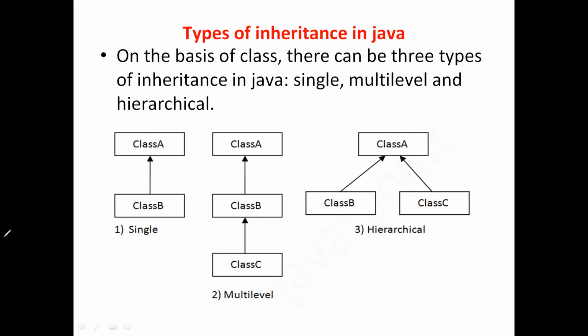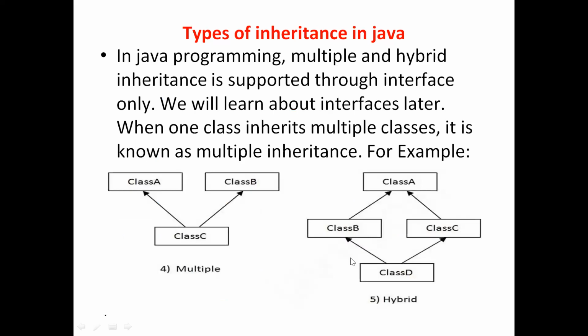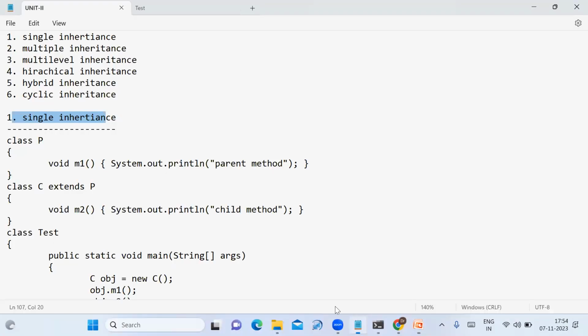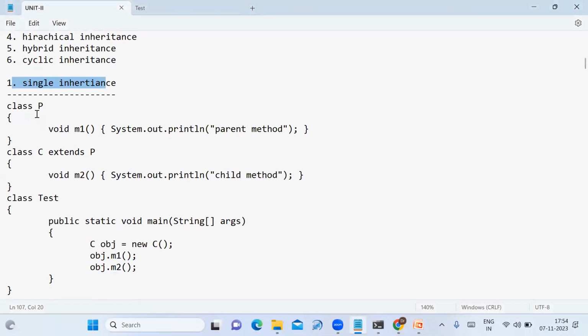Now, I will explain those concepts with hands-on examples. In single inheritance, in class P, I'm implementing the method M1. I'll print the message "parent method" using System.out.println.